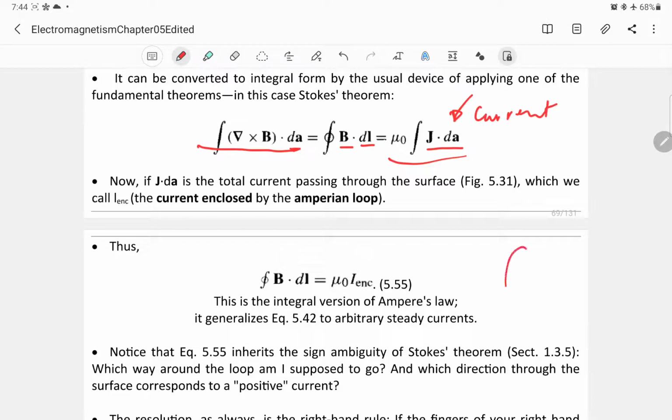So for example, if you have a loop and current is going in there, you just total the current passing through the area. So this is just the total current. Your Ampere's law is converted into integral form by this one.